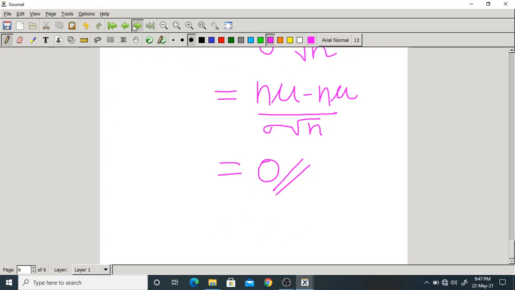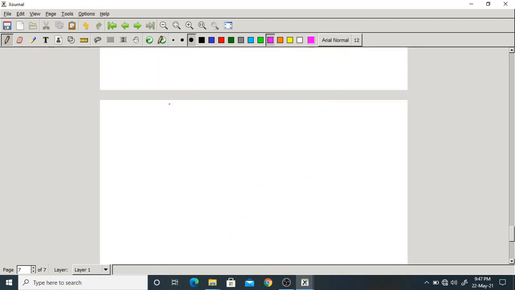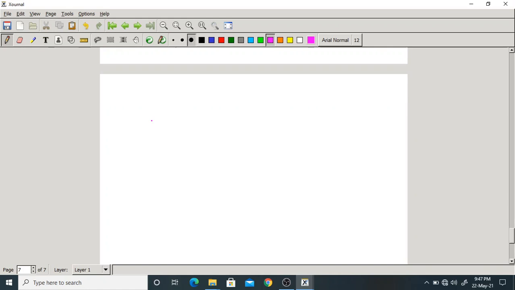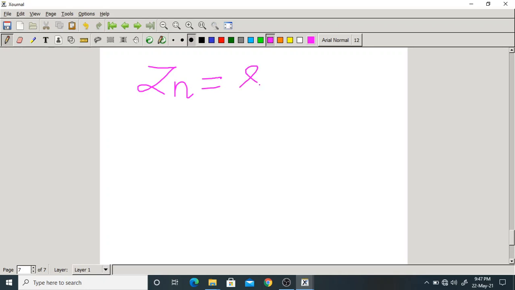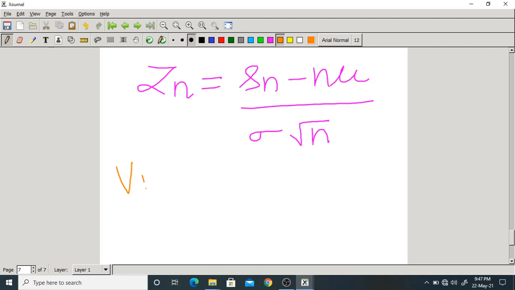Now what is the variance of Zn? Let me write Zn here for your understanding. What is the variance of Zn?